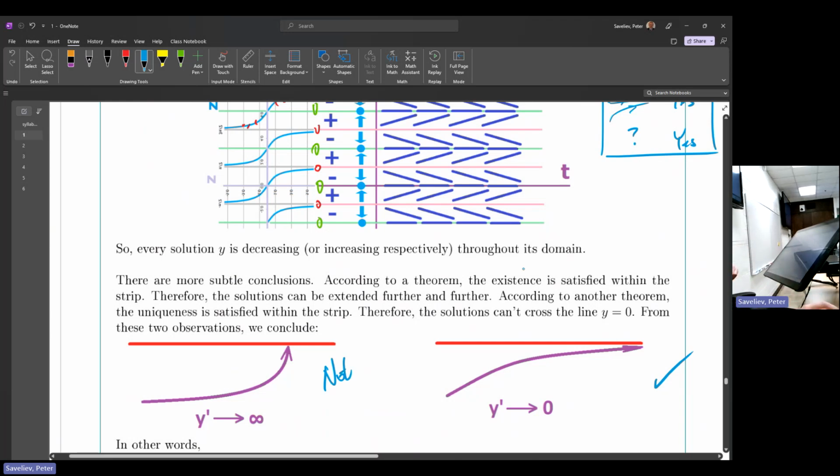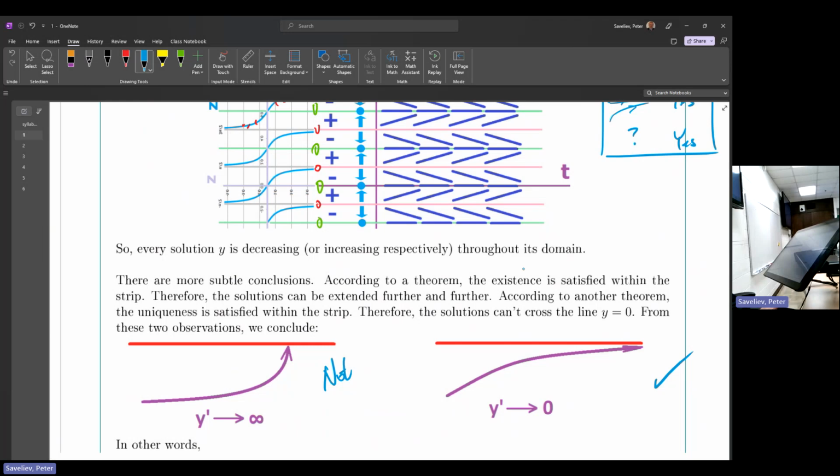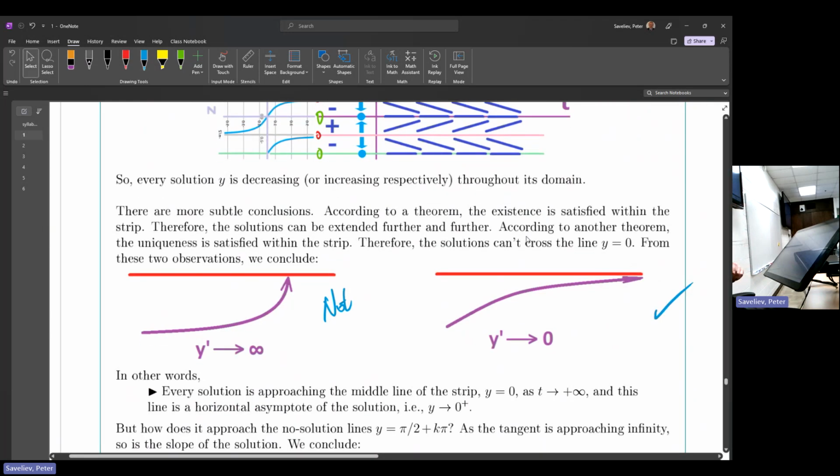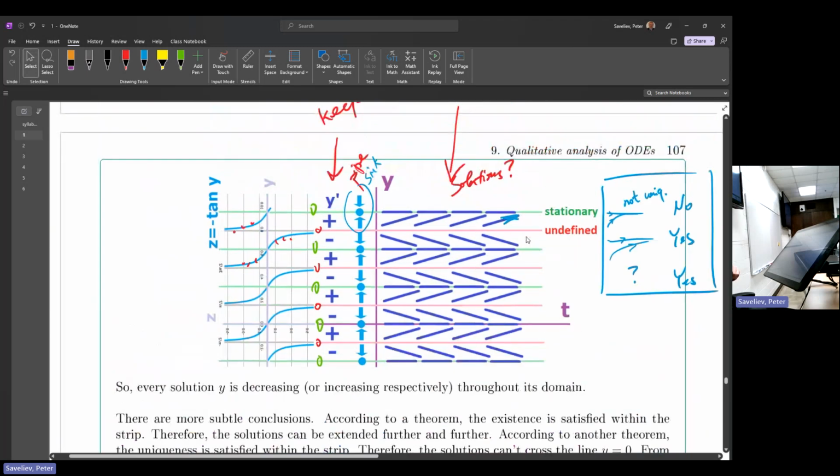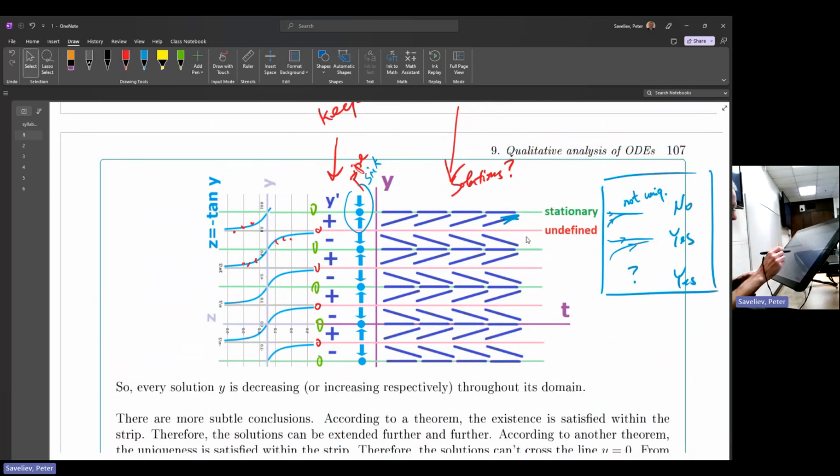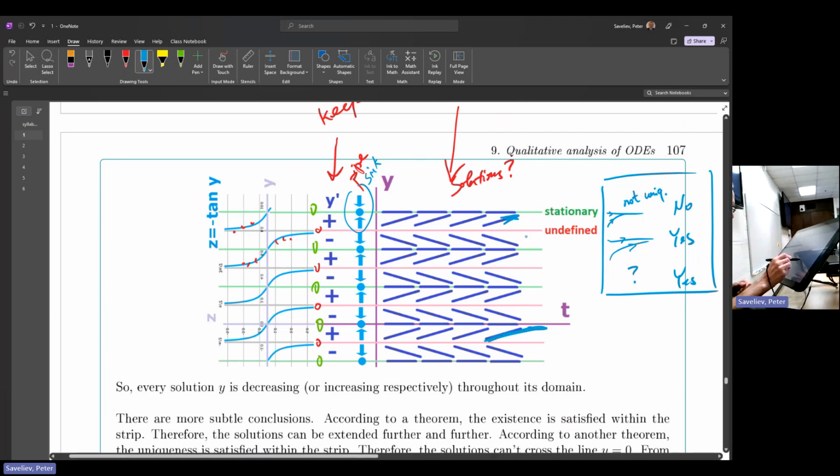So how do I know this? Because the derivative goes to infinity, which is not the case when it approaches a stationary solution. Say, for example, I specifically look at the green line, the x-axis, y equals 0. Let's suppose we investigate this one. What's the behavior like? What about the derivative?